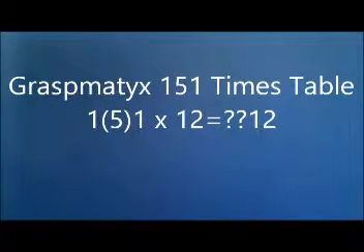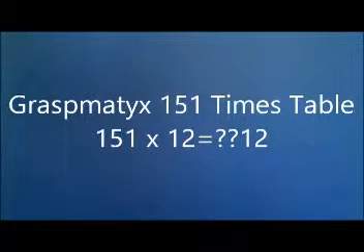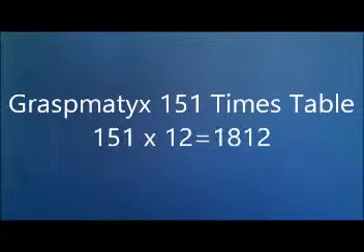So we're finding now the half of the 12. And the half of 12 would be 6. You will now add that 6 to the 12 and you get 18. So we'll fill it in right in the question marks there, and our answer will be 151 times 12 equals 1812. That's how we do it in the Graspmatyx program.